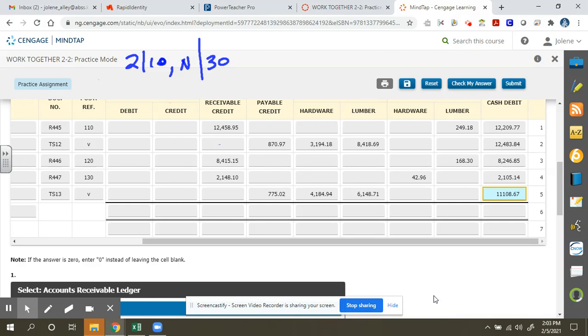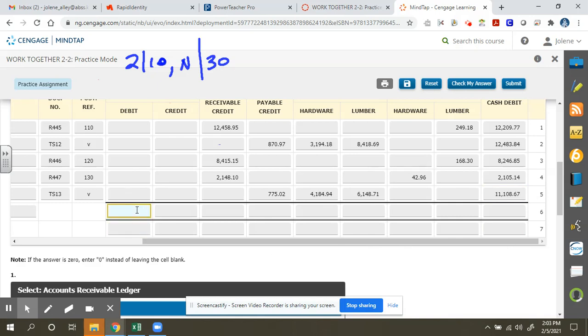Now the book says to prove, instruction number 2, prove and rule the cash receipts journal, post the totals to the general ledger. Okay, so what we're doing here is we've got to total each column. Total each column.